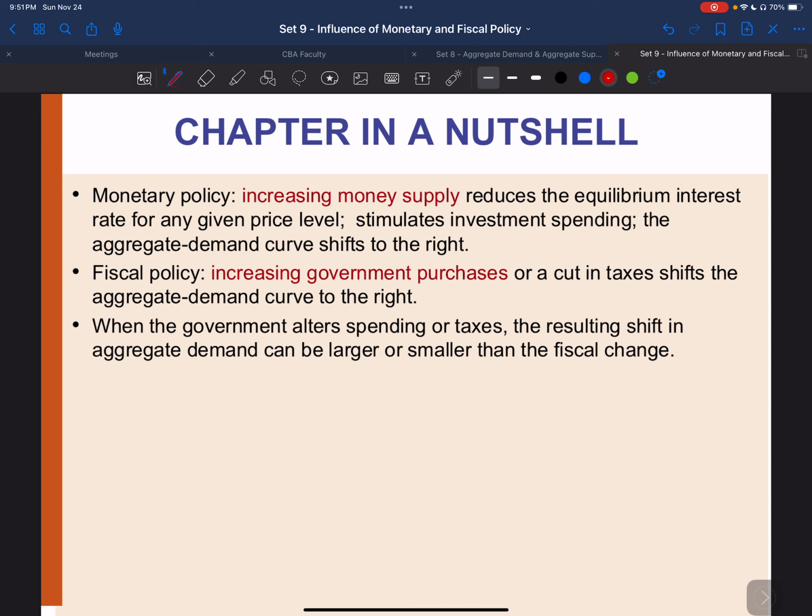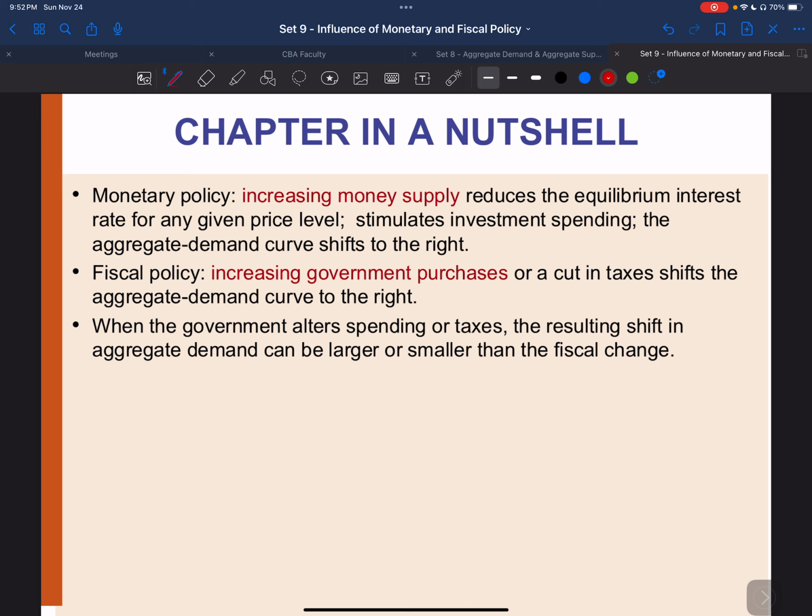So this topic will be much easier to understand. But in summary, we try to connect all the dots that we have learned earlier. We learned about aggregate demand, aggregate supply, the monetary system, and the actions of the government, how tax and government expenditures are decided by the government.